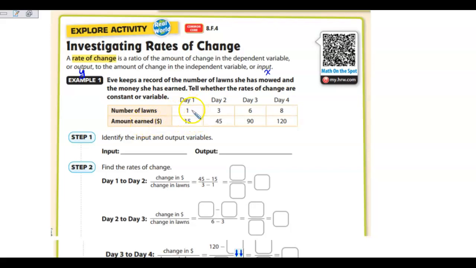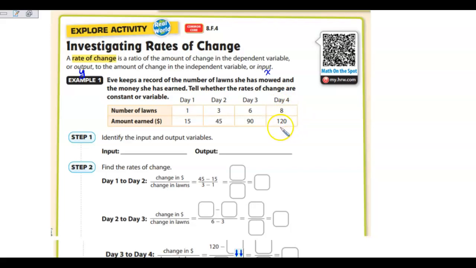On day one she mowed 1 yard and she got $15. On day two she mowed 3 lawns, she's gotten $45. On day 3 she mowed 6 lawns and has $90, and on day 4 she mowed 8 lawns and has $120.